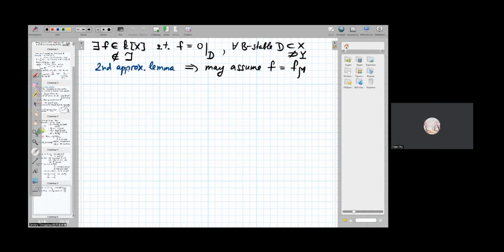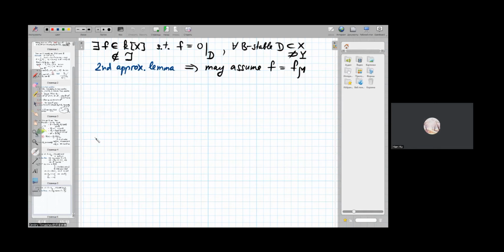And the orders along these divisors can only increase. This function vanished on these, which means the vanishing orders were positive, and for this function they may only increase, so they will still remain positive. So the second approximation lemma implies that we may assume in this statement that f is semi-invariant.